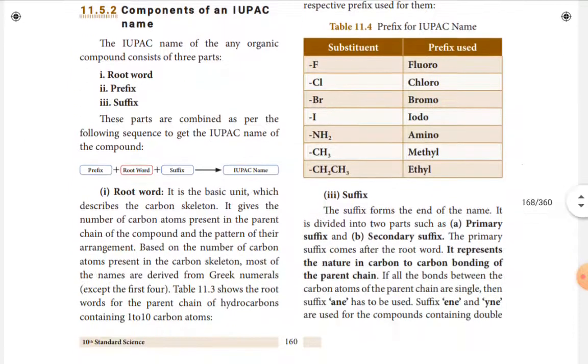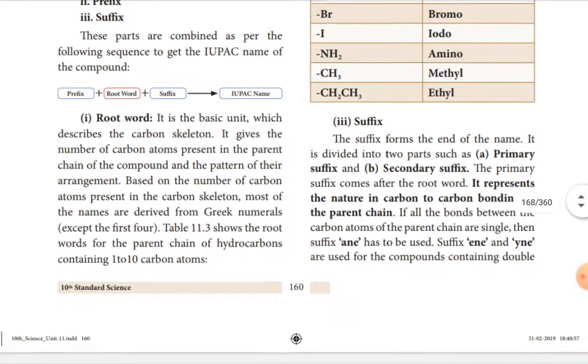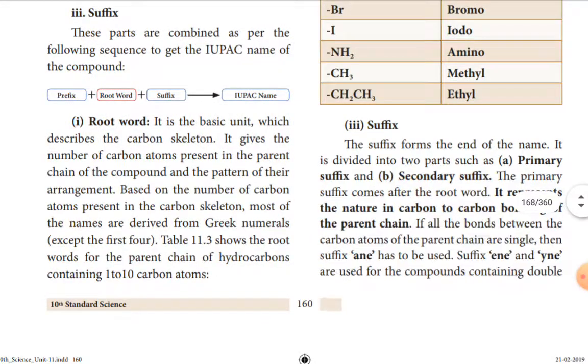Now there is a simple formula to write the IUPAC name. Prefix, the beginning of the name of the compound. Then root word, obtained from the carbon skeleton. Suffix is the end of the name, the phrase after. So these three things combine to give the IUPAC name of the compound.